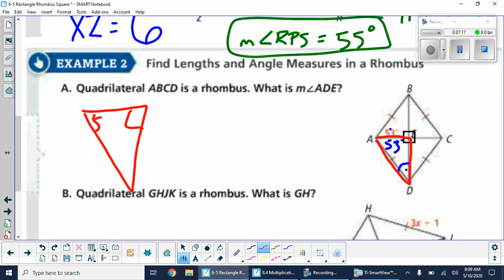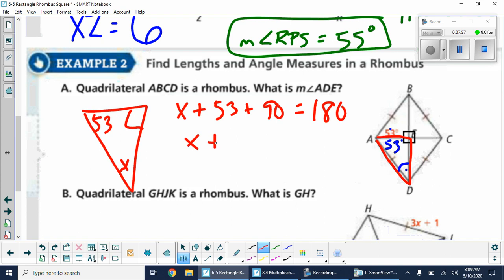We have this part is 53. And that's the angle down here at the bottom that we're trying to figure out. We'll call that one X. So X plus 53 plus 90 altogether comes out to 180 because it's a triangle.